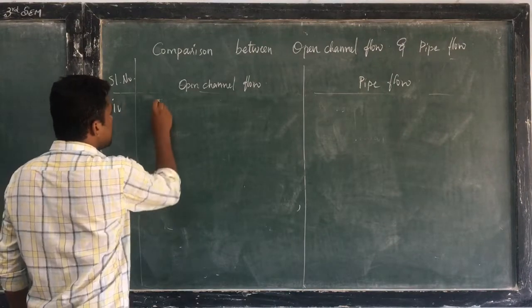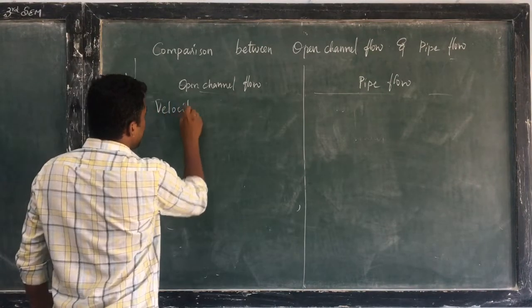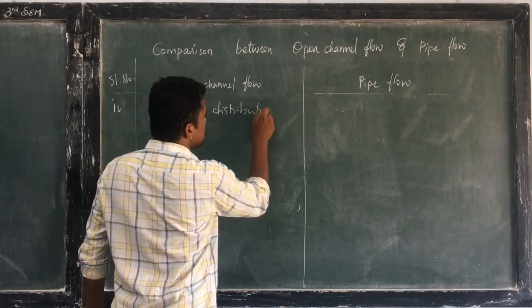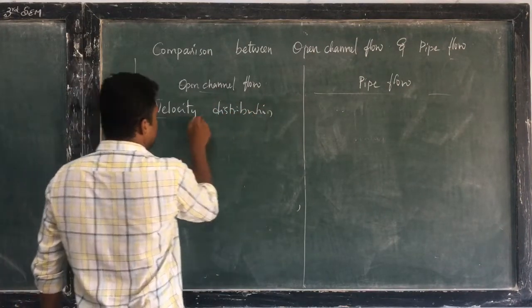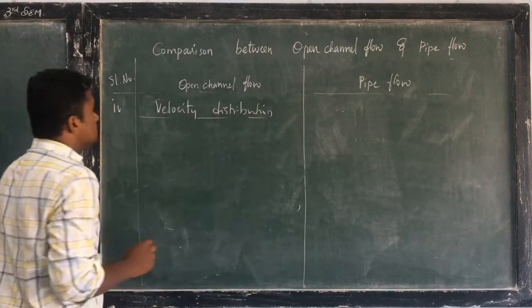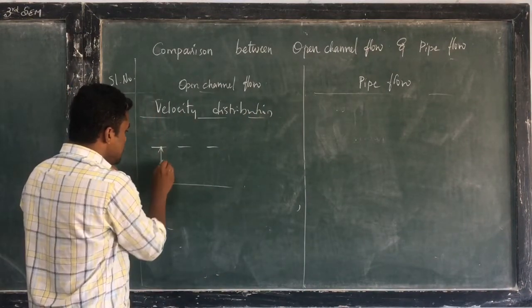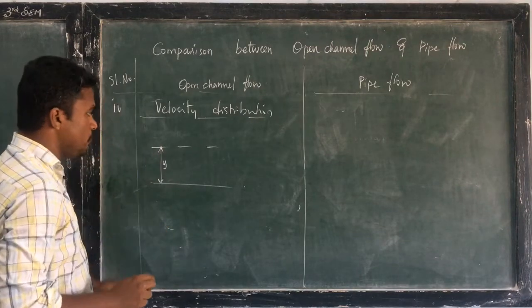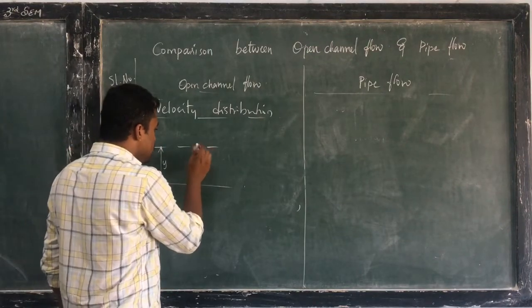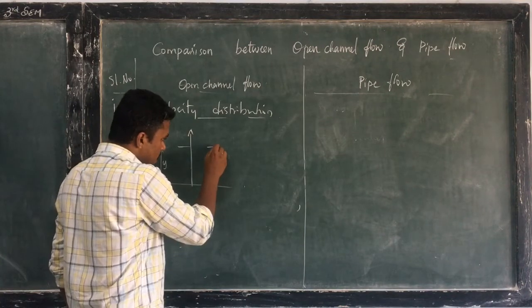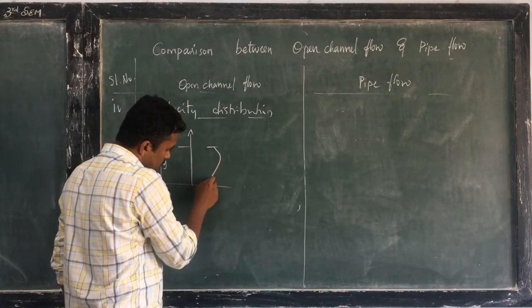The fourth one is velocity distribution. It is a very important concept. If you take open channel flow, where y is the depth of the flow, then the velocity distribution looks like this.